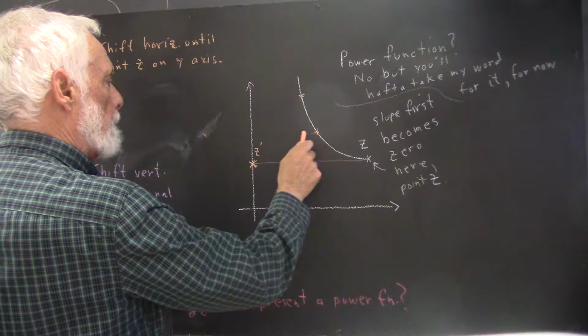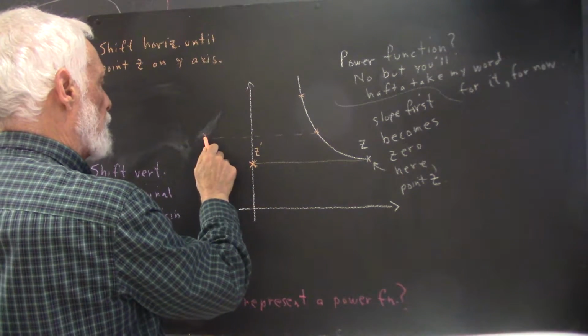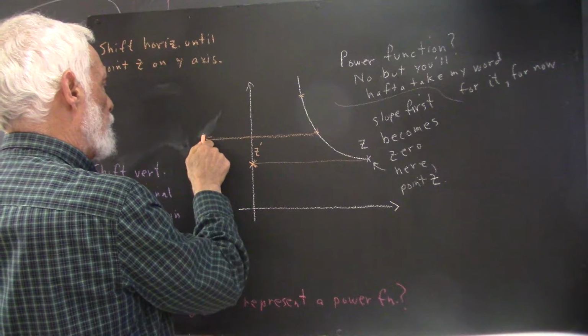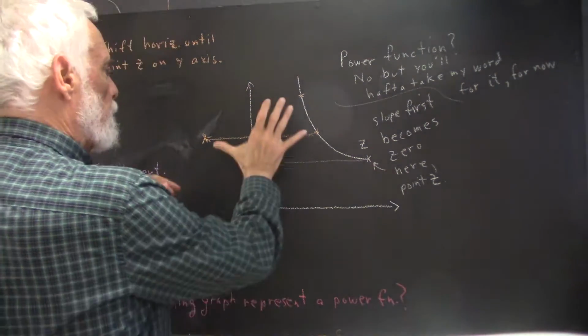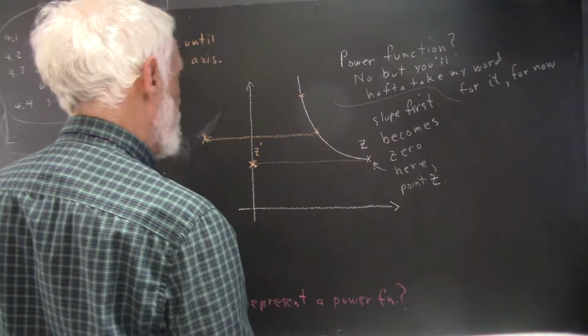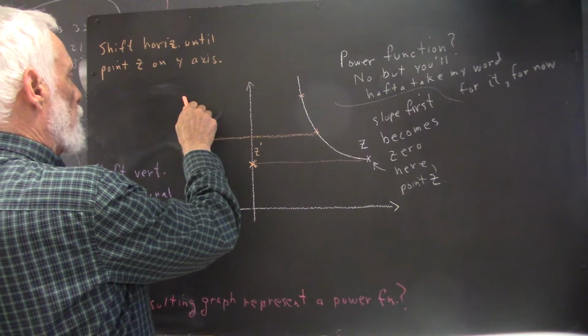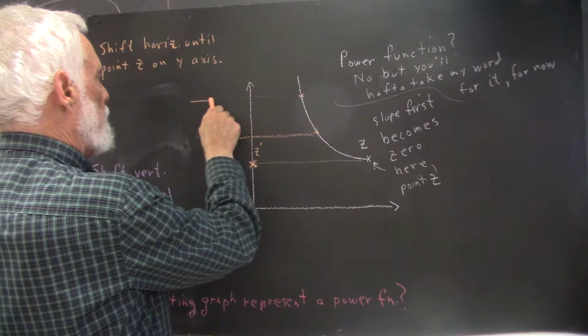So if I do my horizontal line and do an arrow indicating the horizontal displacement, this arrow should have the same length as this arrow. And I could do the same thing, and I think I'll get a point, maybe about here.